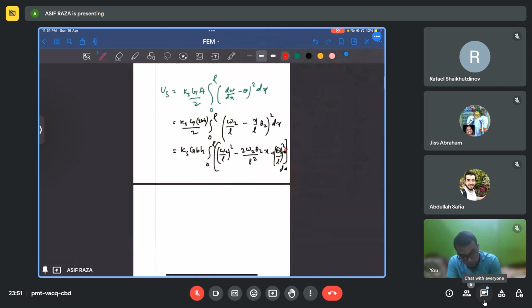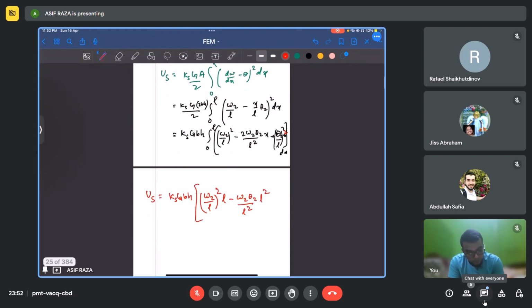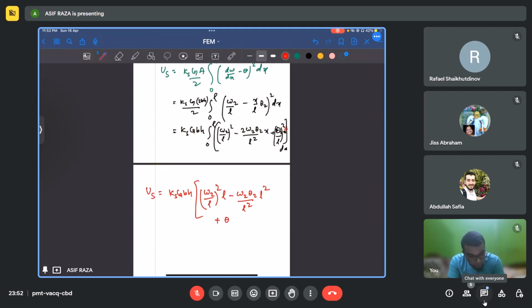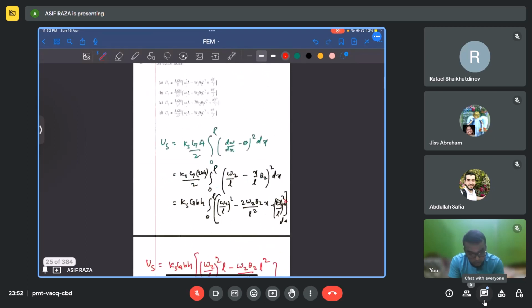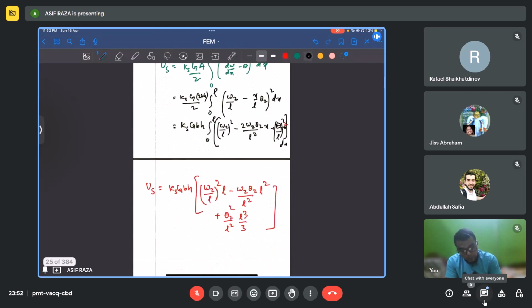So US would be equal to Ks G B H. This is a constant, W2 square, times x, and if you put the limits, it will be L. Now x square by 2 gives W2 theta2 by L square, and putting the limits, it will be L square, plus theta2 square upon L square times x cube by 3, which gives L cube by 3. Let's simplify it.